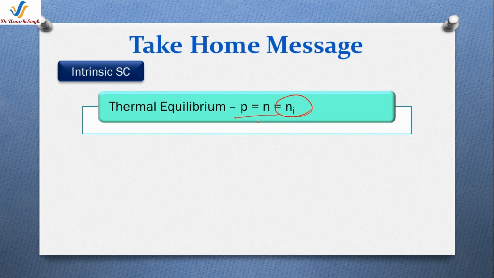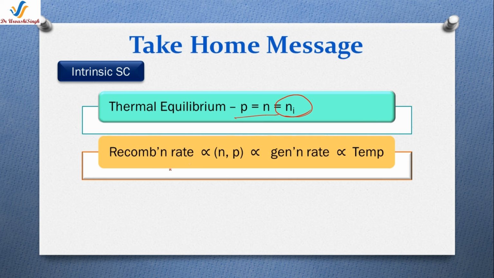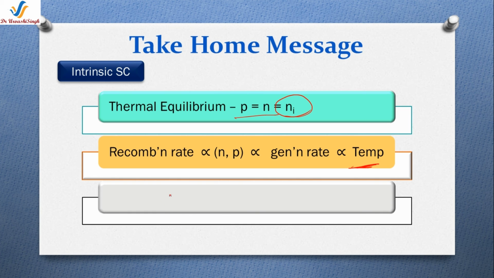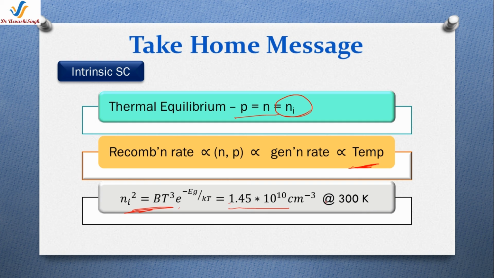These free electrons and holes can also recombine, and this process is called the recombination process, whose rate is ultimately dependent on the temperature, which is given by this formula, and the standard value of the intrinsic carrier concentration is 1.45 × 10^10 per centimeter cube at 300 Kelvin.